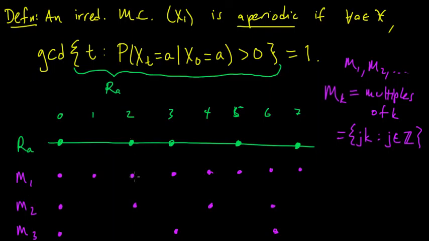Every time here is an element of this set. But it might not be contained in the other ones. And what this condition is saying, that the greatest common divisor is 1, is true if M1 is the only set among M1, M2, M3, M4, and so on, that contains RA.